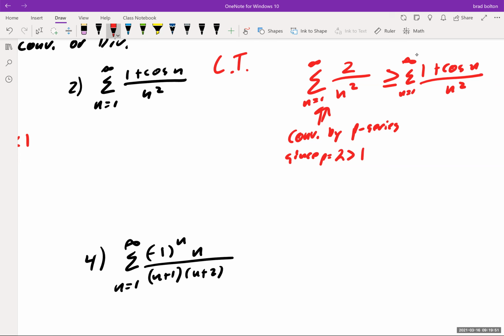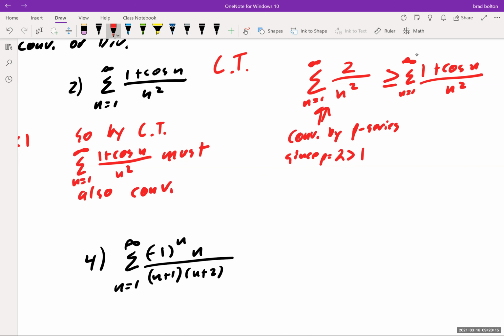Okay, so then we know because it's bigger and it's convergent, then that means that the smaller series must also converge. So by comparison test, the sum of 1 plus cosine of n over n squared must also converge.